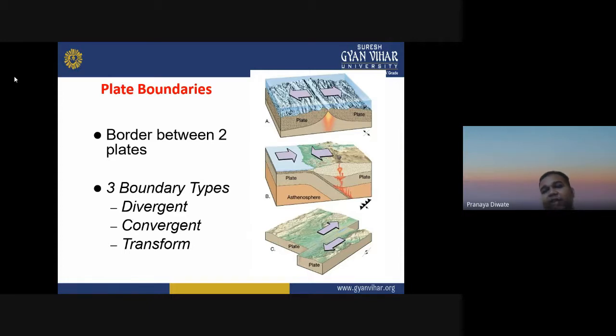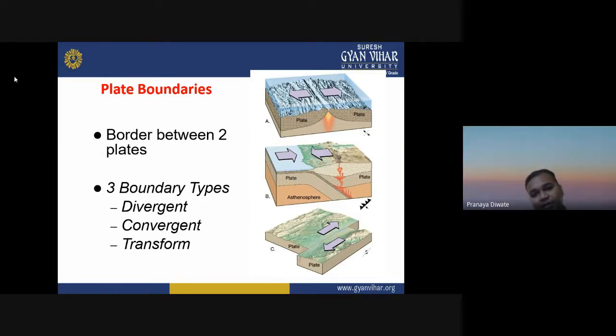Divergent is nothing but, I will take an example of two things which I have right now. I have a mouse and my mobile in my hand. These are two different plates.